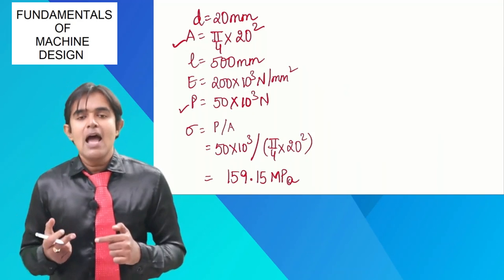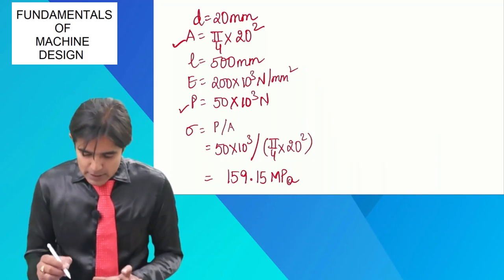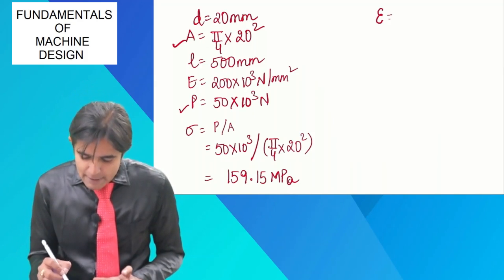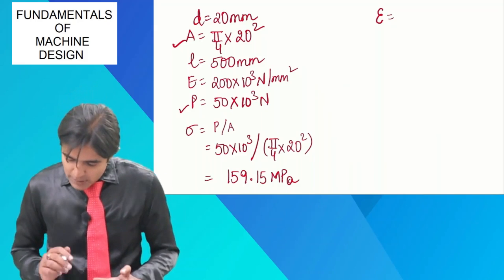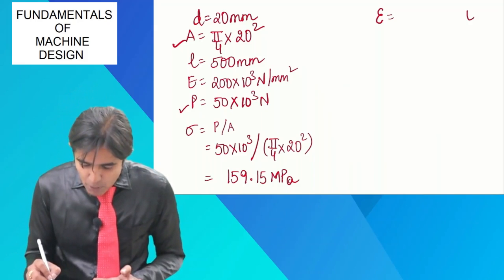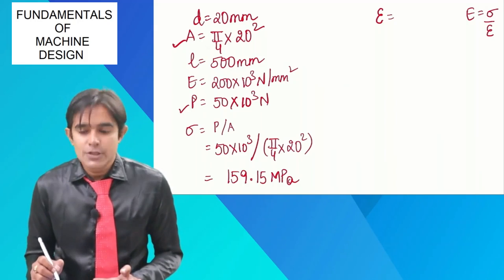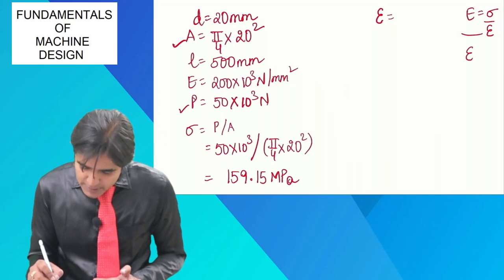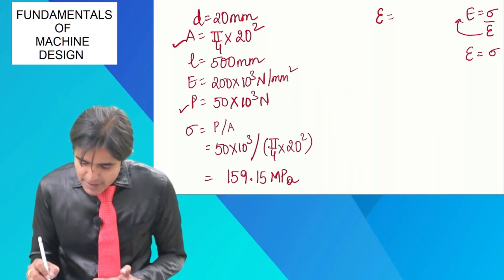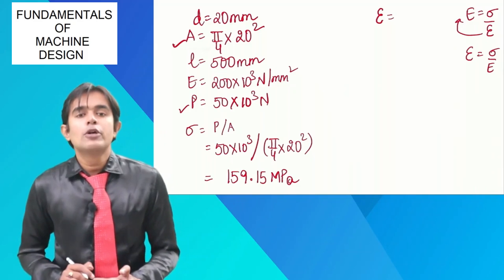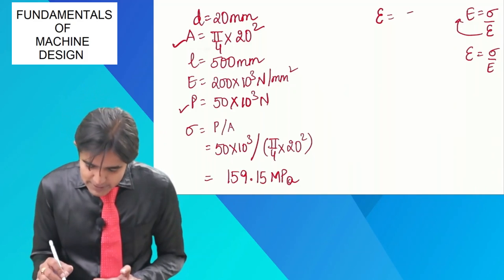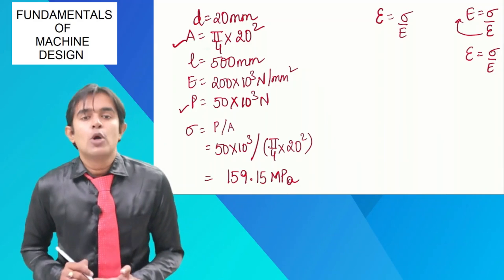Next, I have to find out the strain. So I'll find out strain, which is epsilon. Now since modulus of elasticity is stress upon strain, strain will be stress upon modulus of elasticity.